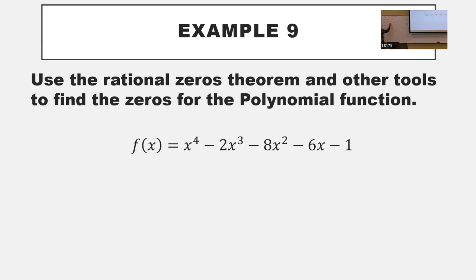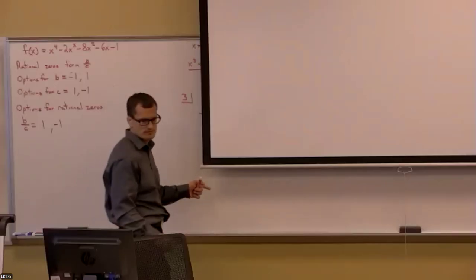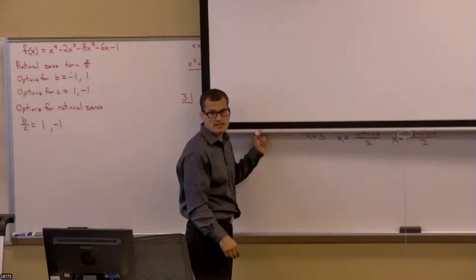There's only 2 integer factors of that, -1 and +1. Only 2 options. And then my coefficient, also -1 and +1. Coefficient of x to the fourth. So the only options for rational zeros are +1 and -1. So this is going to be really easy to check.